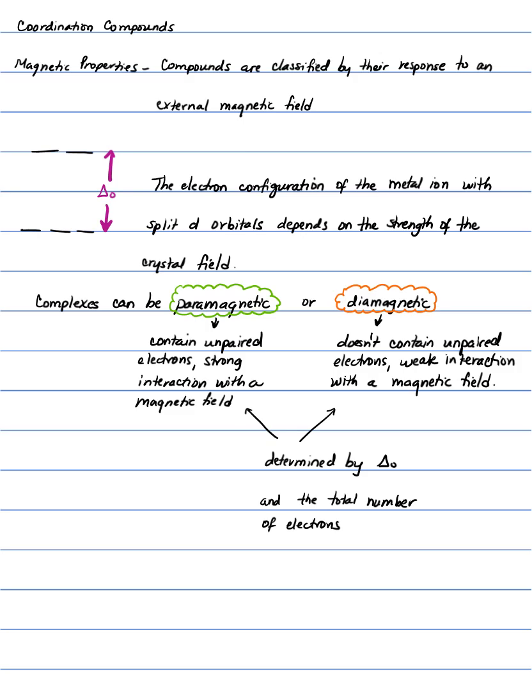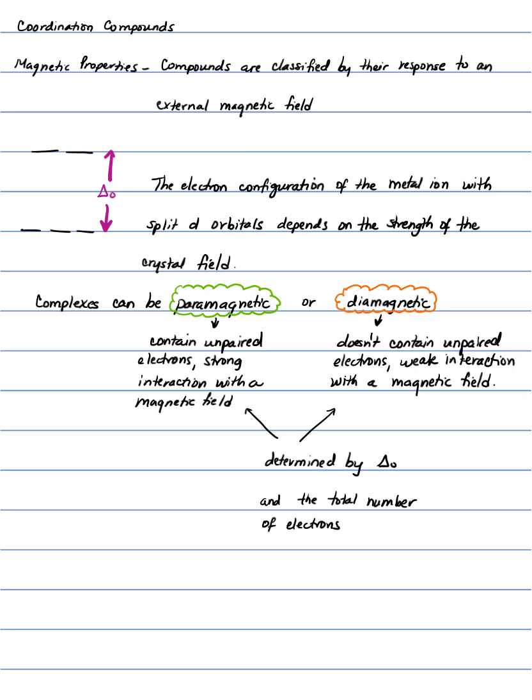The complexes can be paramagnetic or diamagnetic. This is how they're going to exhibit different magnetic properties. When you have paramagnetic complexes, those complexes are going to have unpaired electrons in those orbitals. If they do have unpaired electrons, they will feel a strong attraction for a magnetic field.